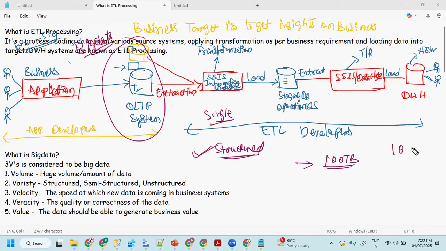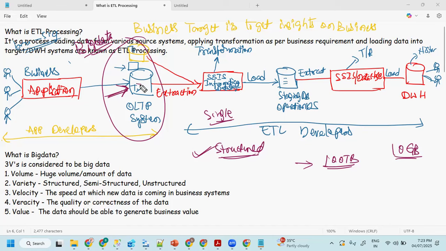Or if your system can store only 10 GB of data, then for your system, anything greater than 10 GB is big data for that particular system. And if I keep increasing the storage, that is not going to improve the performance for us. It is going to degrade the performance.